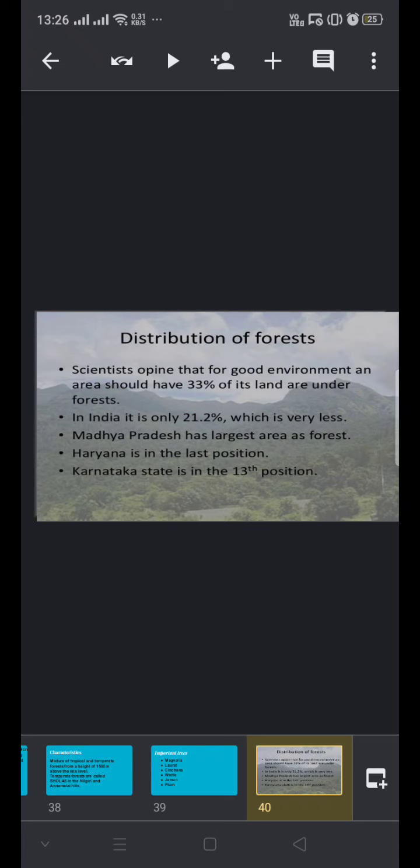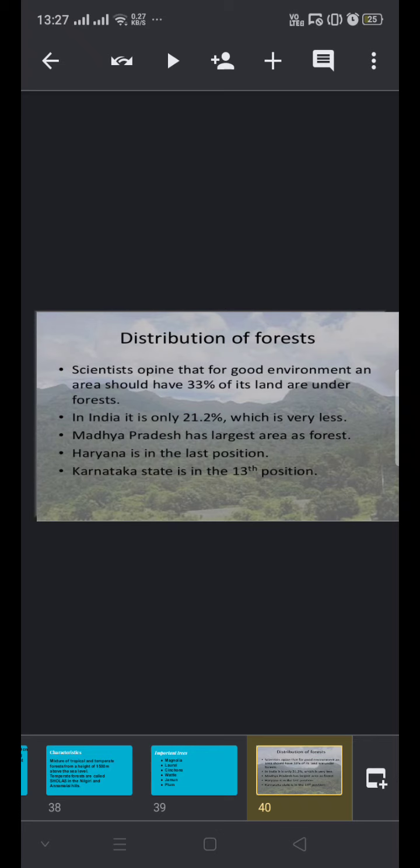So let's get started with today's session, and we start with the forest cover in India. Now, scientists opine that a good environment should have an area of 33% of its land under forests. This is also said by the United Nations that every country should have 33% of their land area under forest cover.